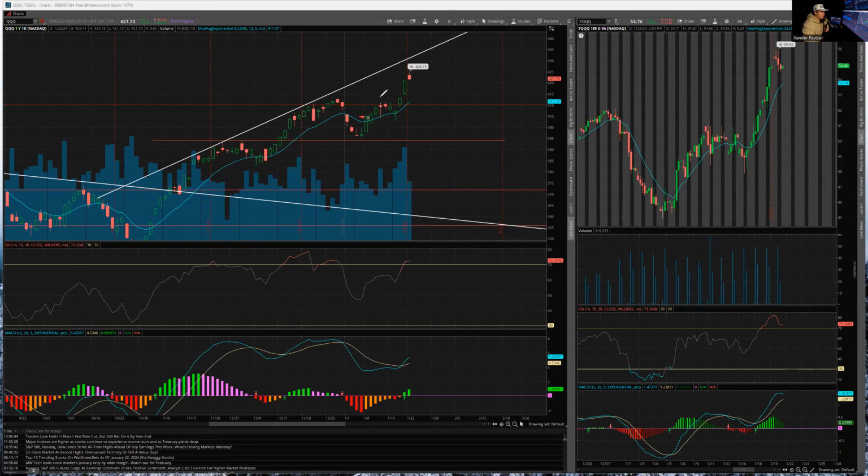So from where we were to where we're at right now, I'm going to look at this TQQQ chart, which goes up when the market goes up. That is what we were trading. And I'm going to grab this measuring tool and show you guys the percent gain that we ended up seeing. We made the video right over here on the 8th in the afternoon.